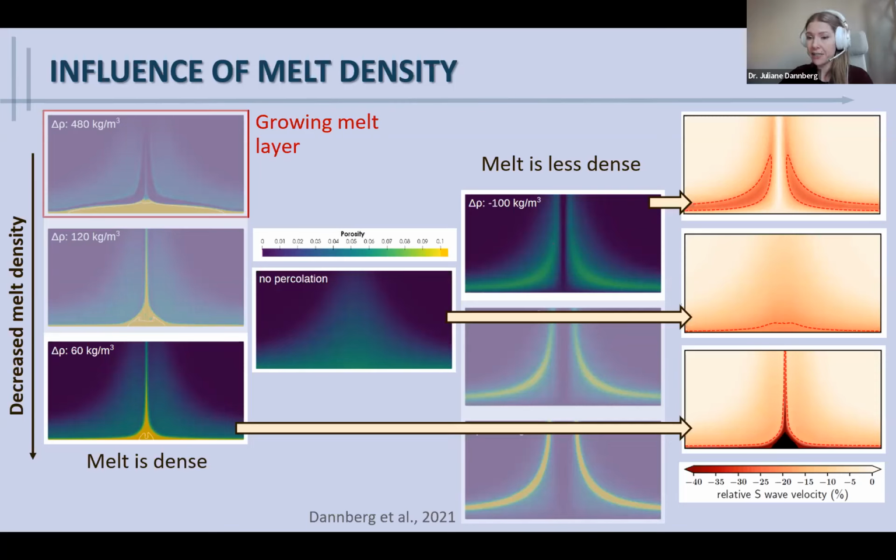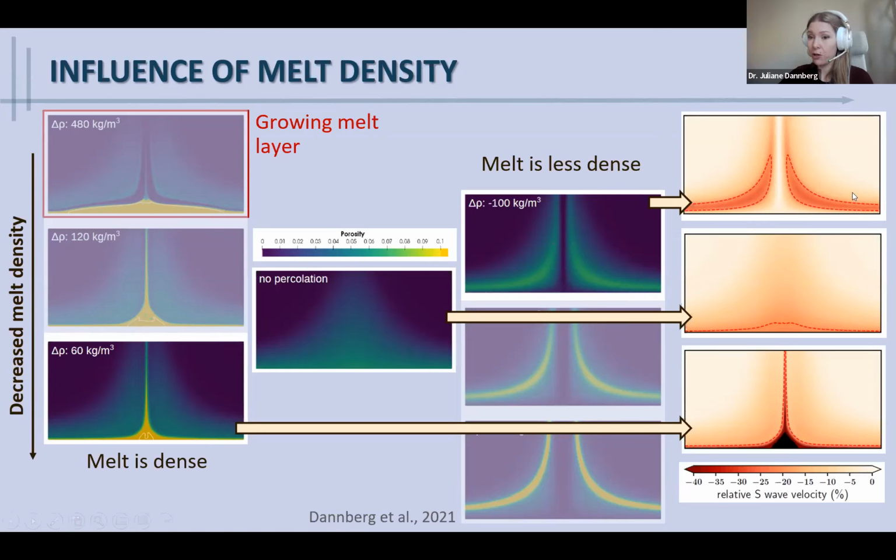But the gradient in S-wave velocity at the top is smoother, so it's not as steep as in the model above. And then if the melt is denser than the solid, we said all of the melt is concentrated in this small triangle, and it reaches melt fractions that are so high that S-waves can't pass through anymore. So this does not really reproduce at all the seismic observations that we have.